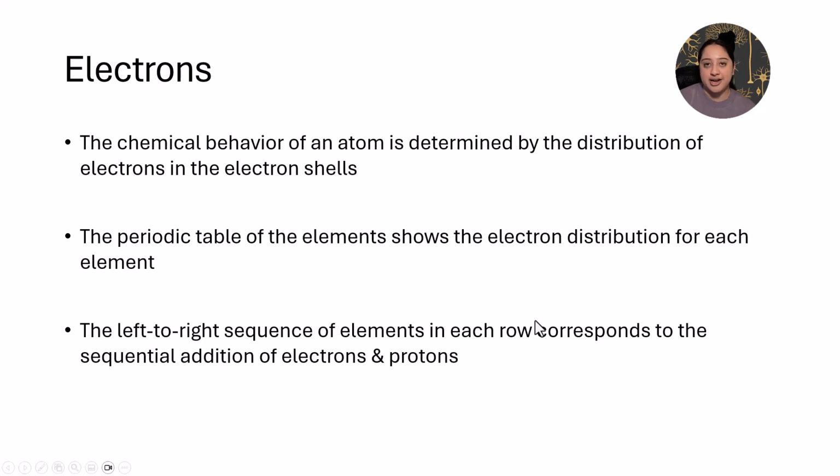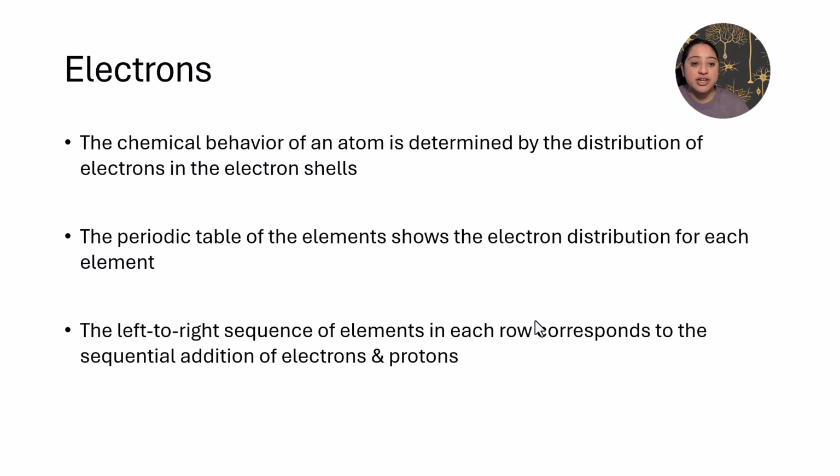And this first point is saying the same thing in different words. The chemical behavior of an atom is determined by the distribution of electrons in those electron shells. If the shell is full, then this atom doesn't really want to hang out with other stuff. But if it's not full and there's spaces that it wants to fill with electrons, this atom is going to be more likely to interact with other stuff.